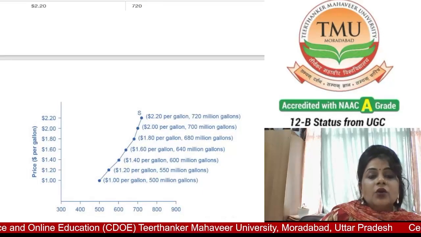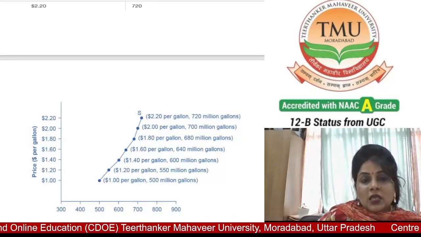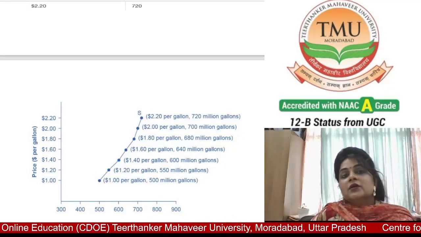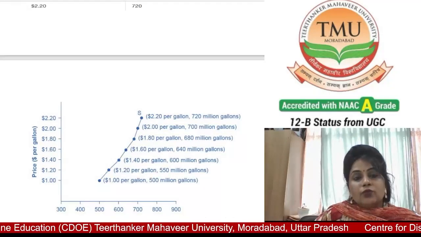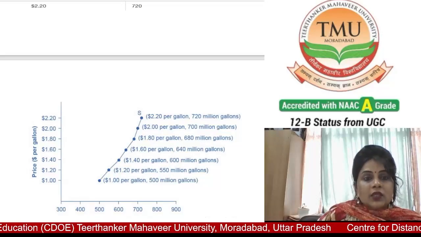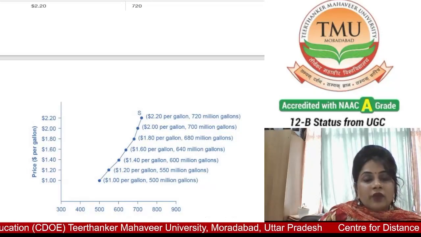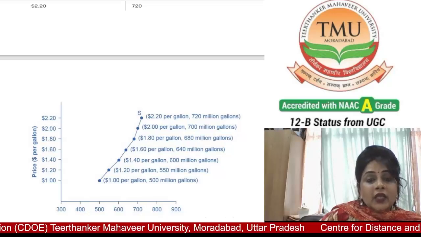Notice that the horizontal and vertical axes on the supply curve are the same. You see that supply is also increasing, and in the schedule you also see that both work in the same direction.